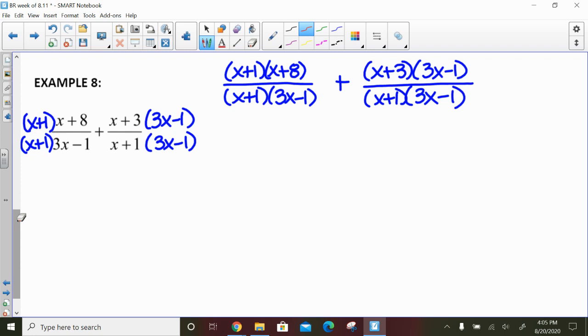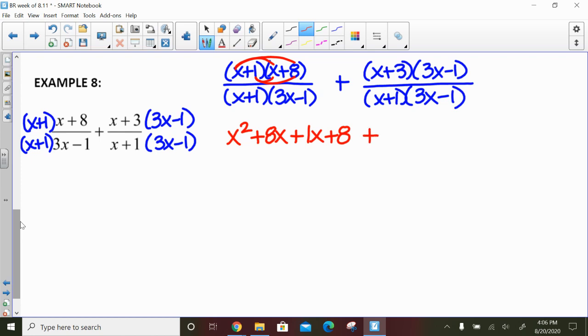So to multiply the top, I have x times x, which gives x squared, x times 8 is 8x, 1 times x is 1x, 1 times 8 is 8. Okay, now I'm going to keep going.